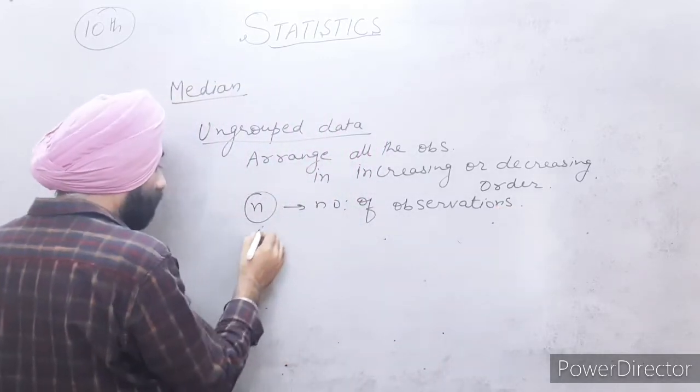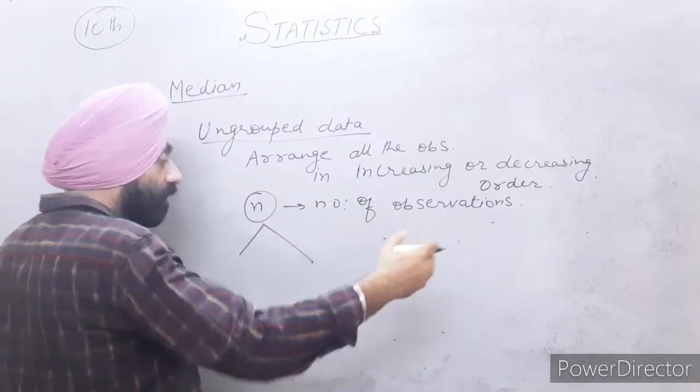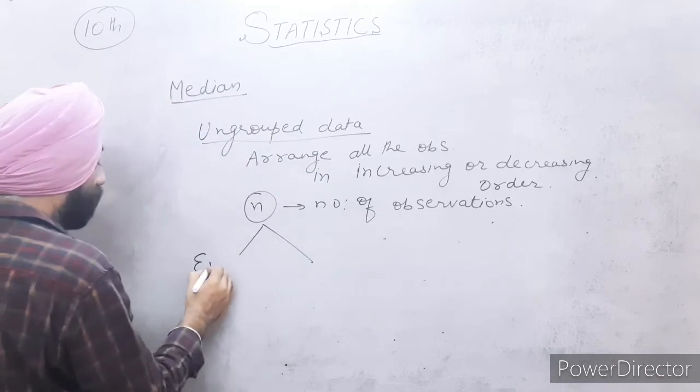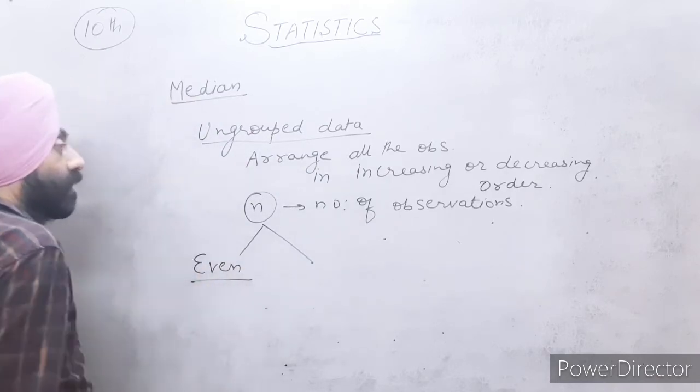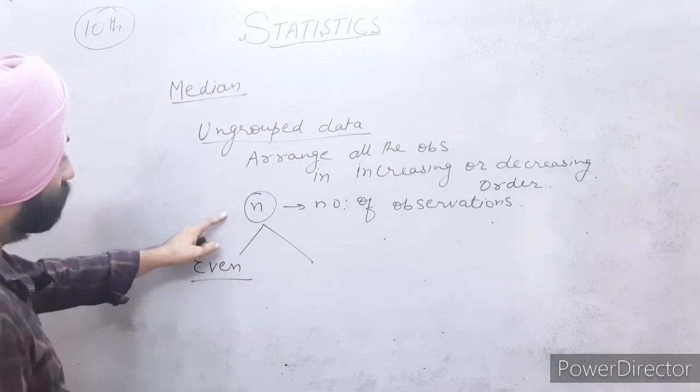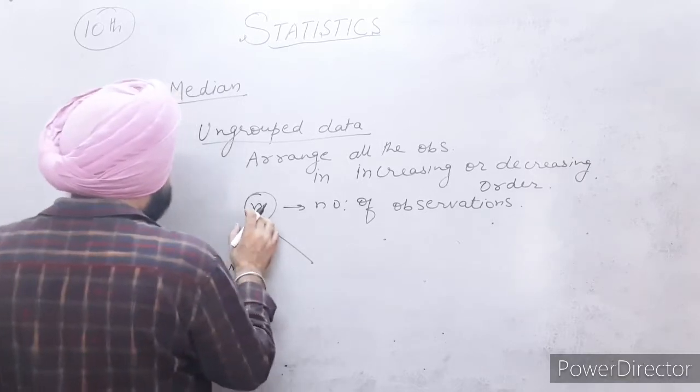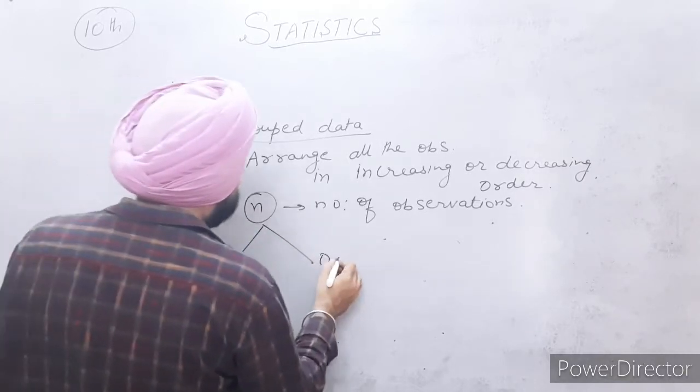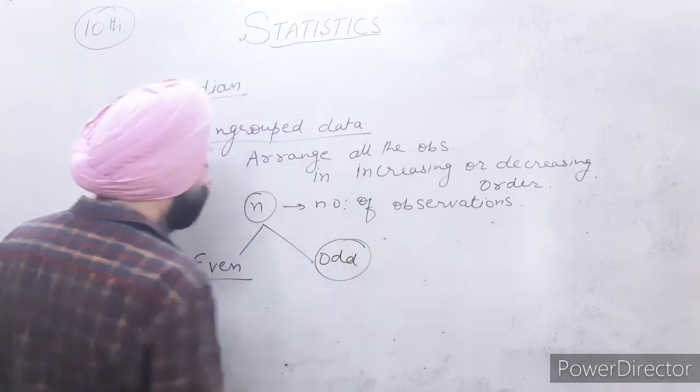Now the number of observations, n, there are two cases. First, n is even. Second case, when n is odd.